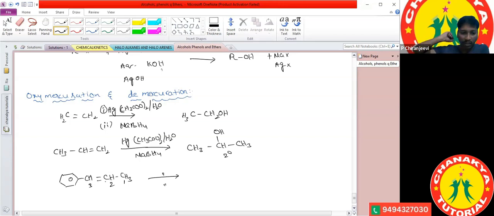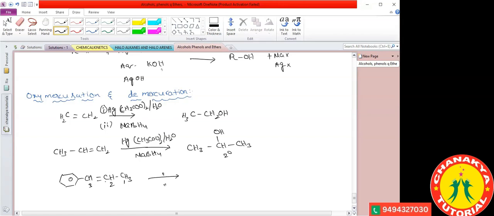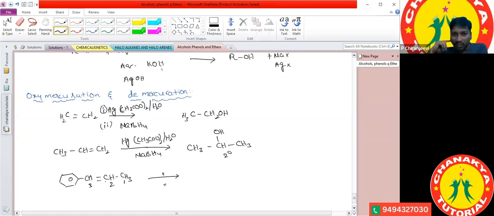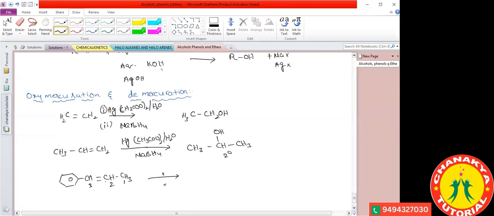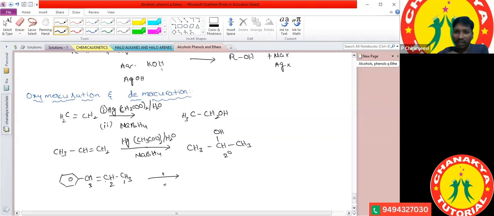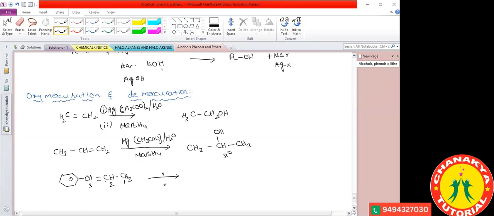I give the numbering here. Second or third? I'm thinking third. Sir, third. It's not the second one, it's the third one. I was just confused in the numbering.